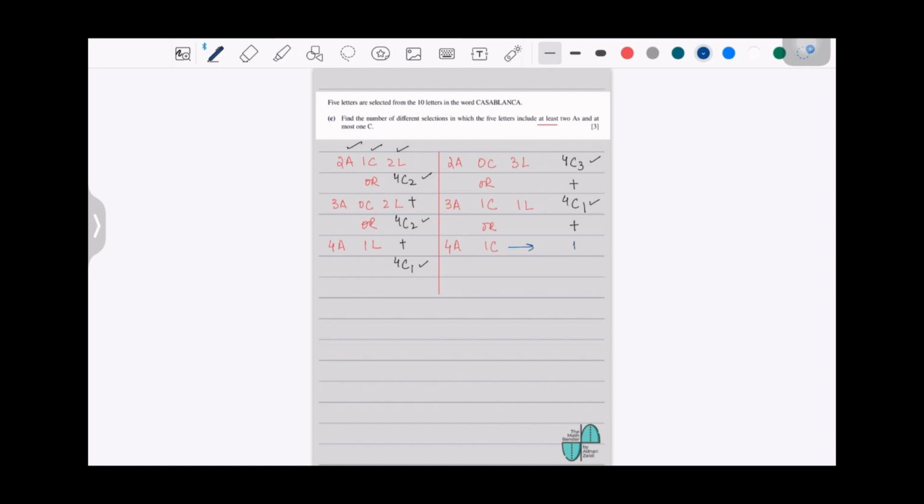So if we add all of these values, we will see that the final answer is equal to 25.